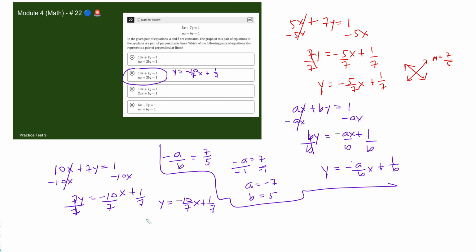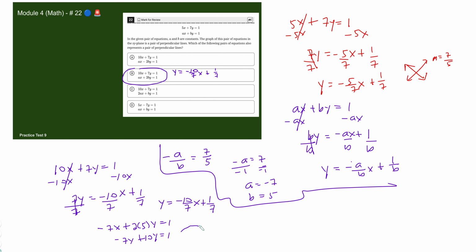The bottom one, a is -7, so we have -7x plus 2 times b, and b was 5, so 2 times 5, 10y equals 1. So -7x plus 10y equals 1.